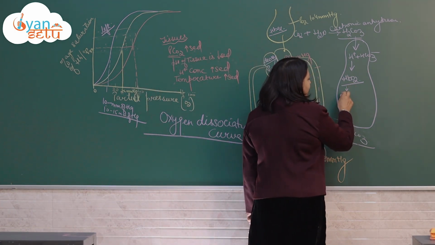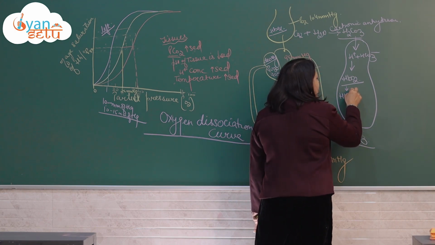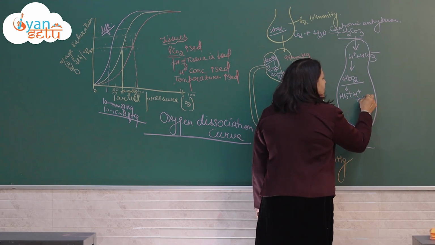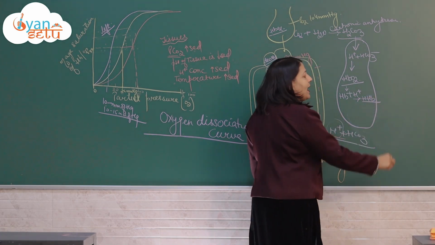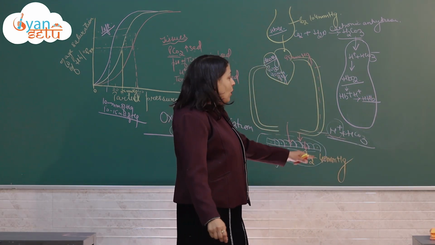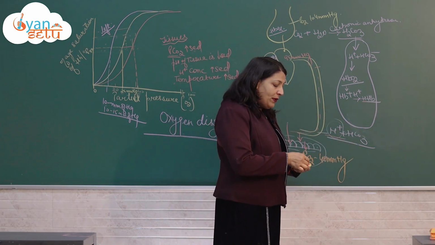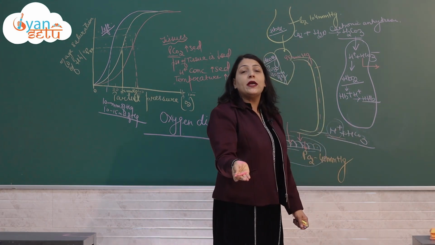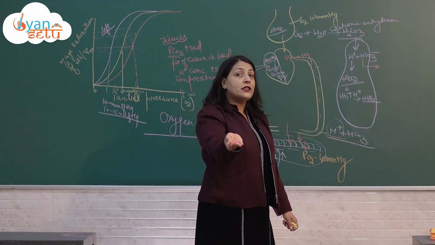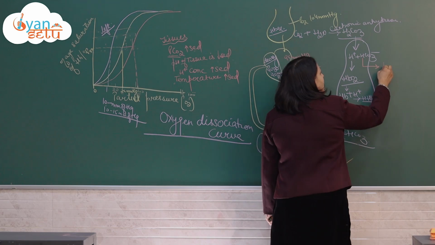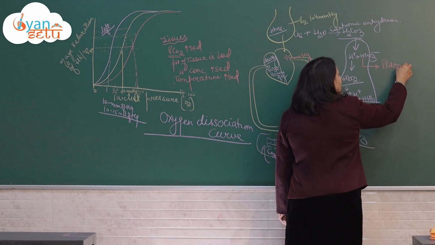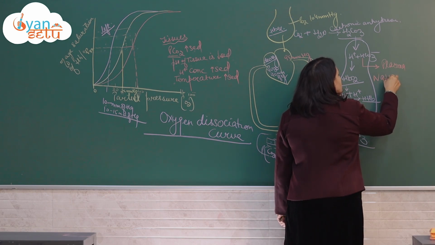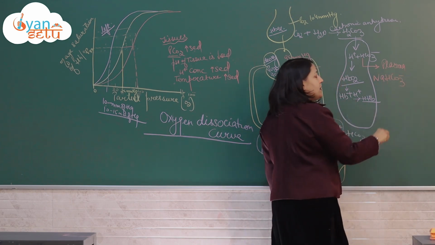So what happened? Hemoglobin combines with the H ions to form the hemoglobinic acid. Now hemoglobinic acid will be formed, then bicarbonate concentration tends to increase and it tries to move into the plasma.